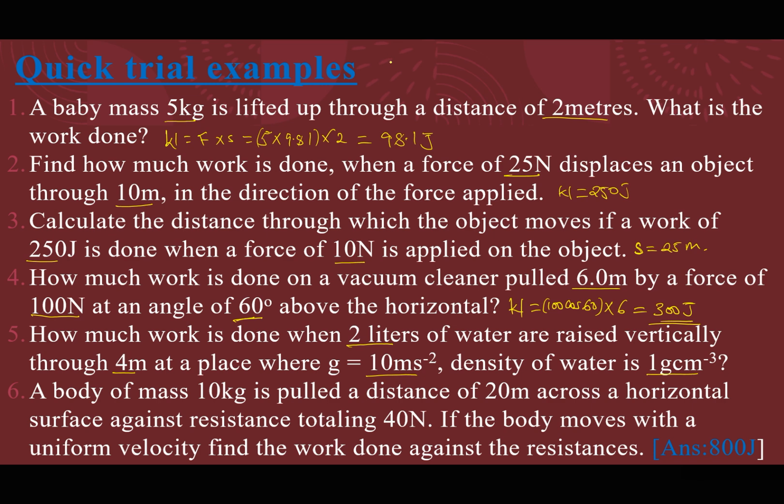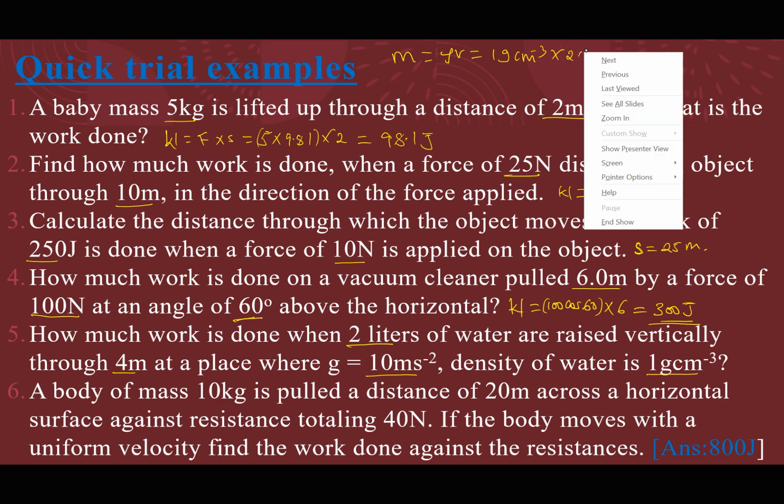So the mass is equal to density times volume. The density is 1 gram per centimeter cubed. The volume is 2 liters, and 1 liter is 1,000 centimeters cubed, so for 2 liters I will say 2,000.